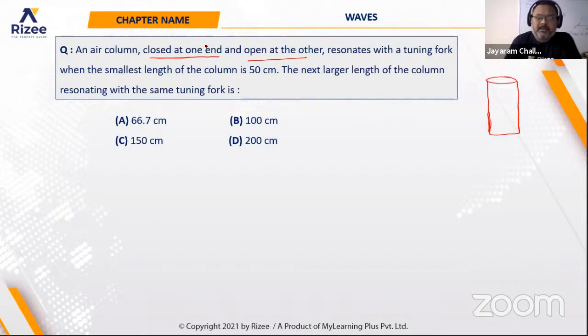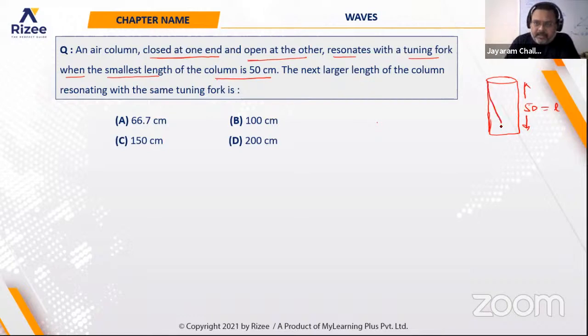Now in this one, he is asking about resonance with the tuning fork when the smallest length of the column is 50 centimeters. In the sense, only one loop is being formed.